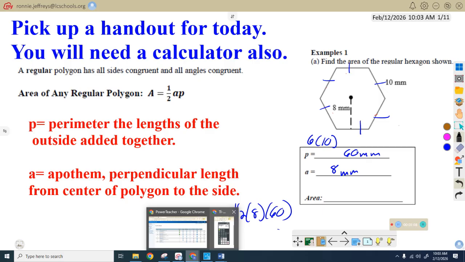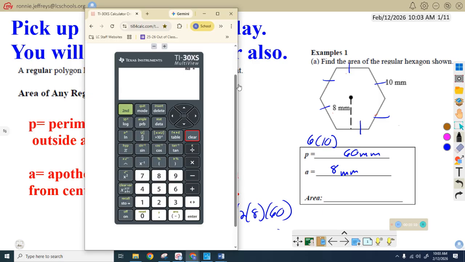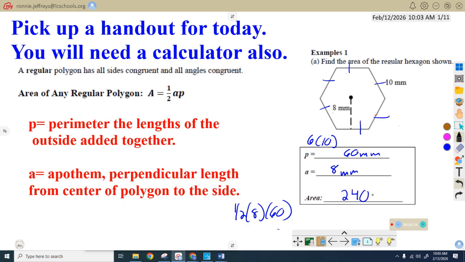Alright, so 0.5, 8, 60. Alright, so we get 240 millimeters squared. Okay, remember, area is squared.